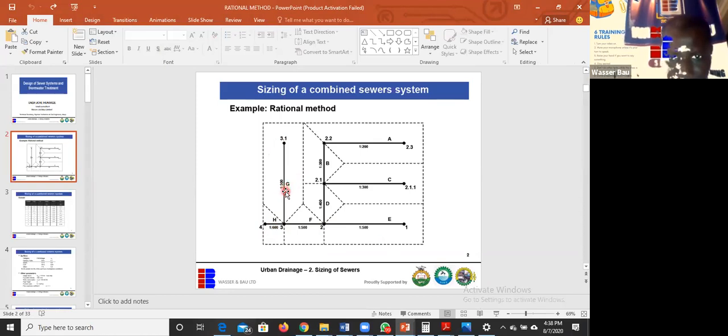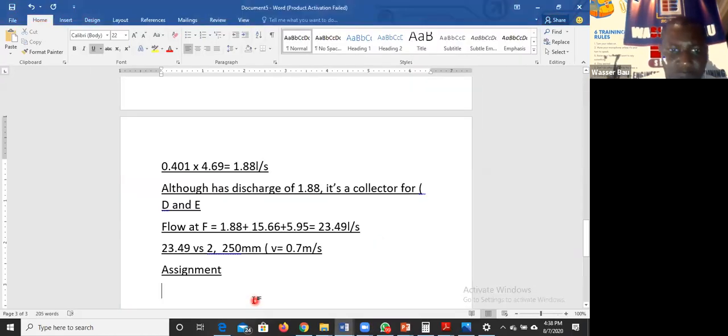Are we together? So the assignment is, what is the pipe size for G and H?